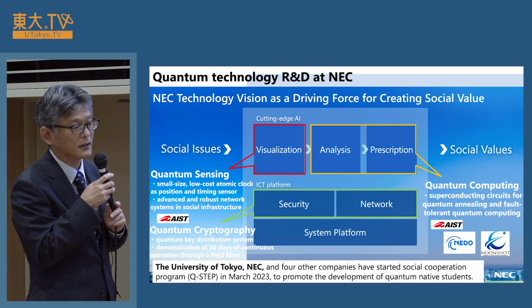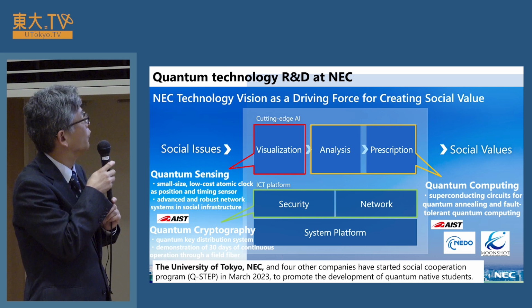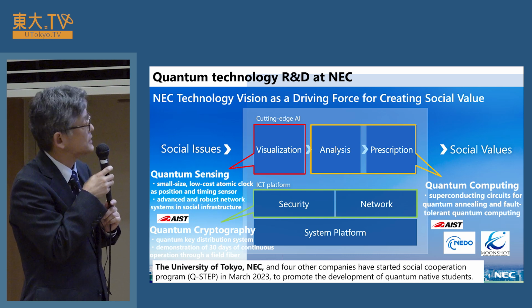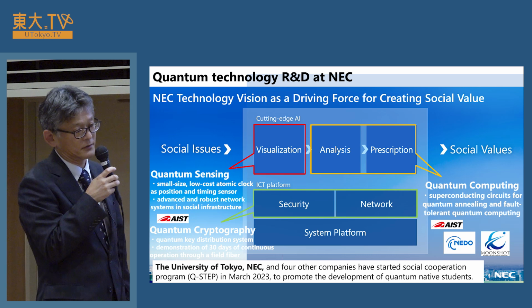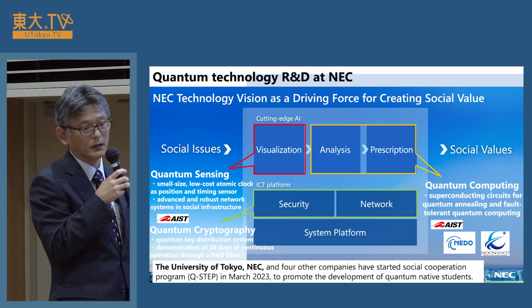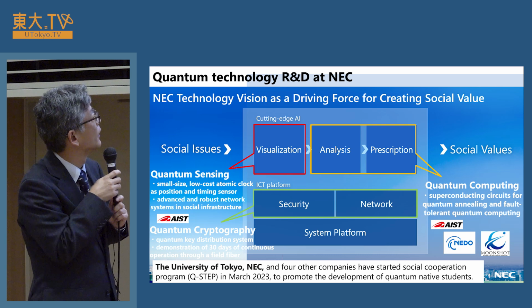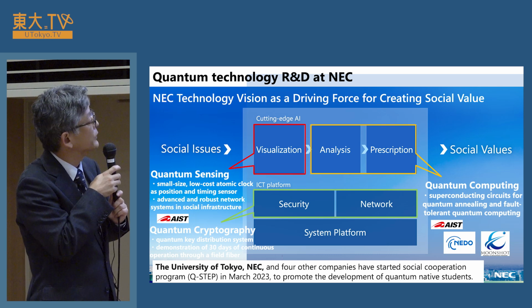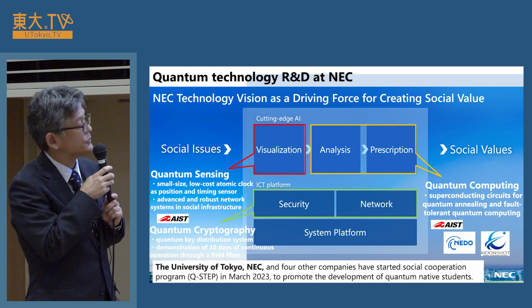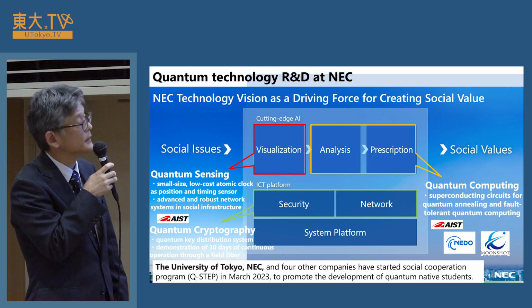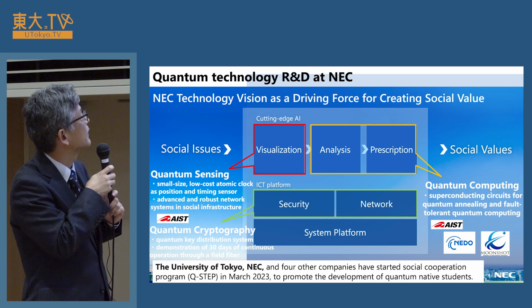And we think that such an accurate clock will realize various advanced and robust network systems in social infrastructures and will be used, for example, in self-driving car systems. We are doing this in close collaboration with the National Institute of Advanced Industrial Science and Technology, AIST, in Tsukuba.